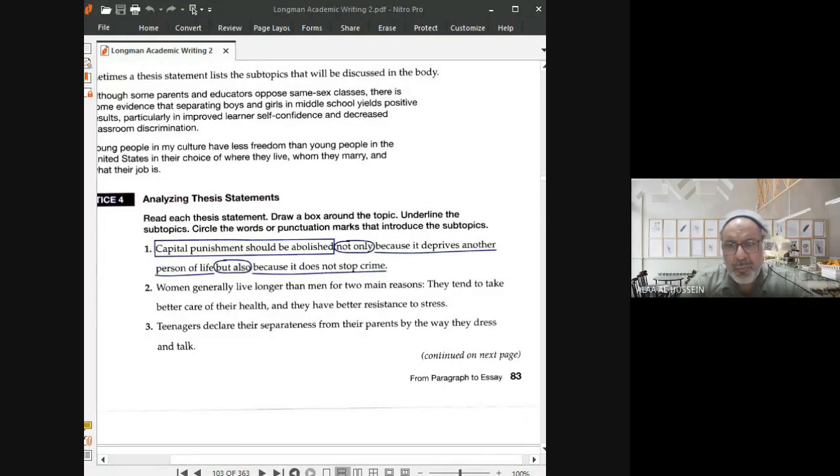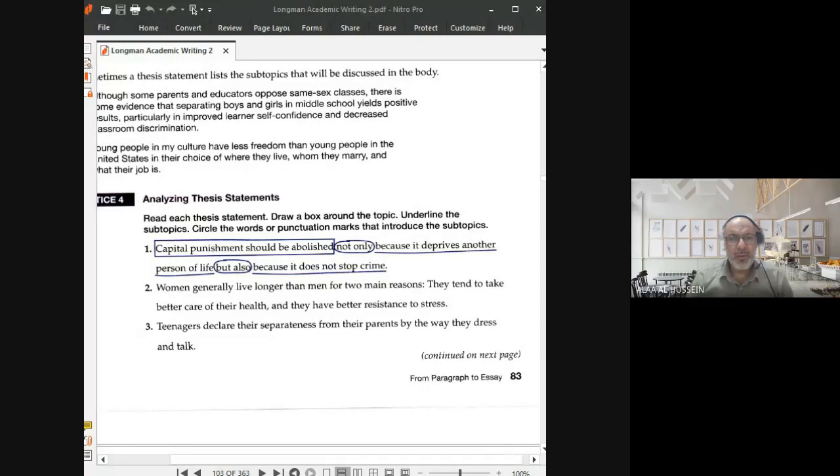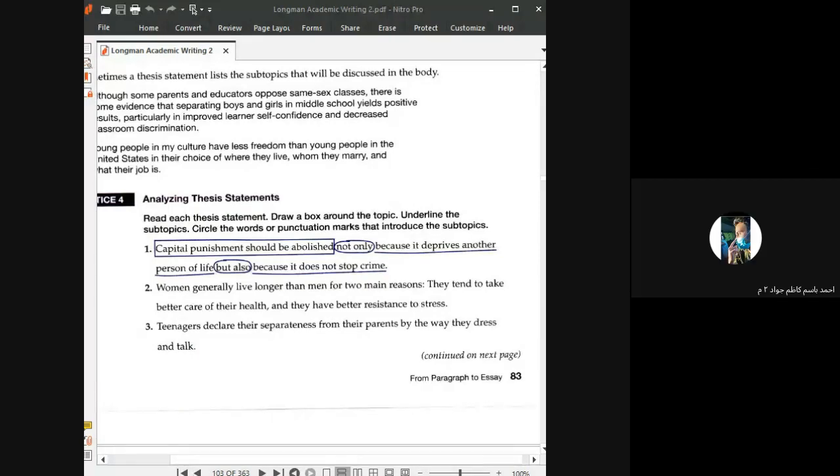And the subtopics? Yes, that they tend to take better care of their health and they have better resistance to stress. These are the subtopics.